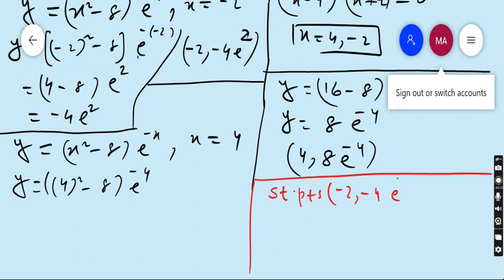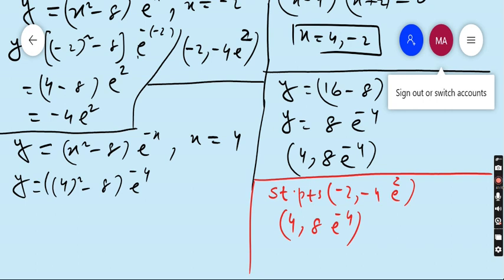So minus 4e2, this is first, and second is 4, 8e minus 4. So these are two stationary points. Now find the nature of these stationary points.